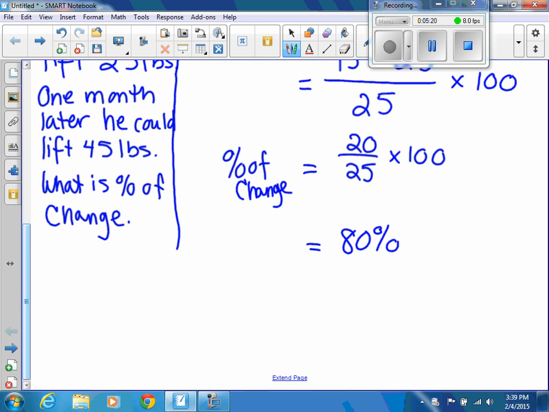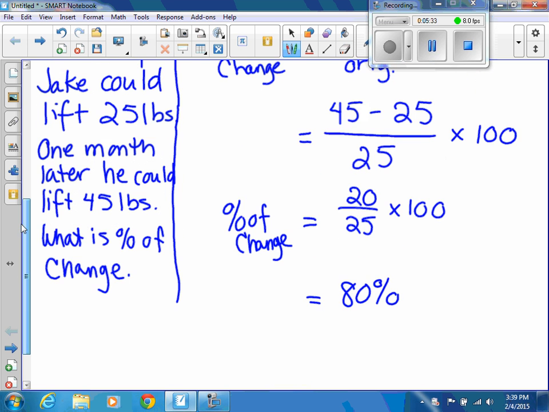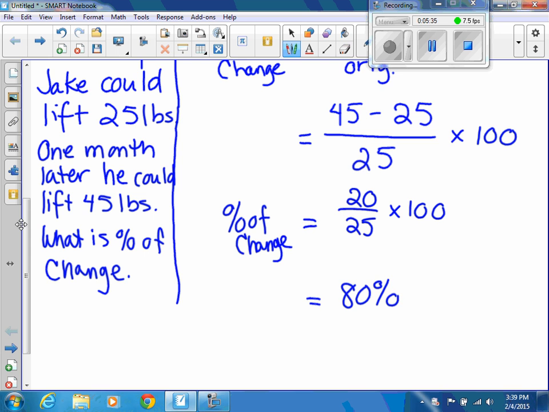Now, here's the other thing I need to know. Was this a percent increase or was this a percent decrease? If you think about it, it has to be a percent increase because when we look at our original question, it says that he could lift 25 pounds. This is where he started right here. And the next time, a month later, it's now this.